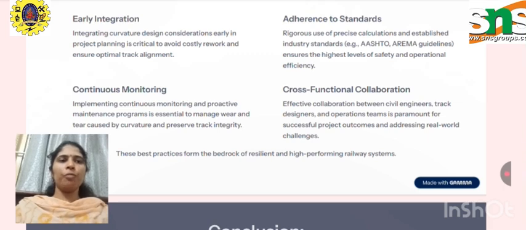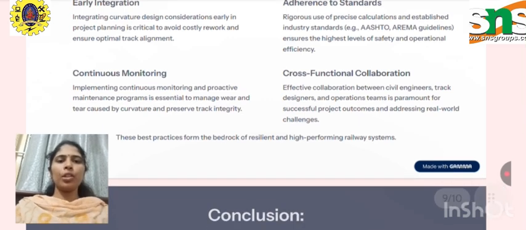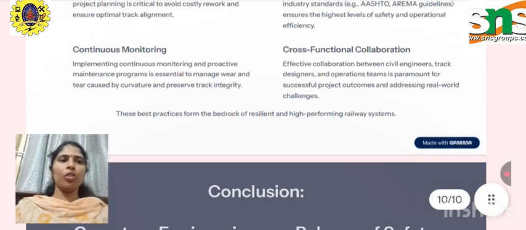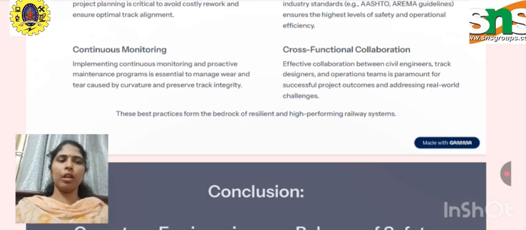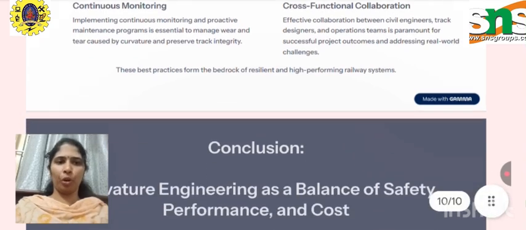Rigorous use of precise calculation and established industry standards ensures the highest level of safety and operational efficiency. Continuous monitoring: implementing continuous monitoring and proactive maintenance programs is essential to manage wear and tear caused by curvature and preserve track integrity. Cross functional collaboration: effective collaboration between civil engineers, track designers, and operations teams is paramount for a successful project.